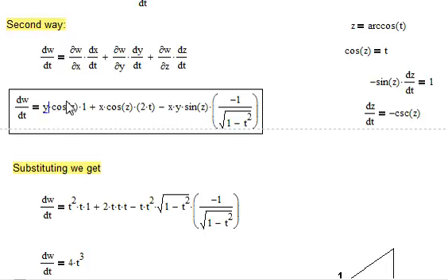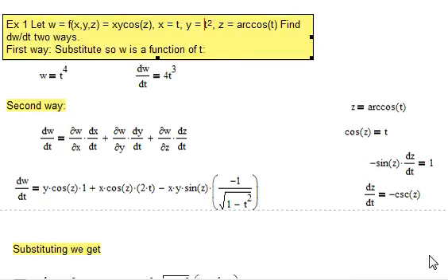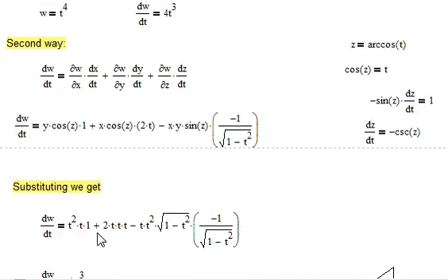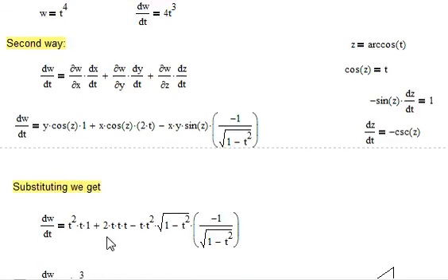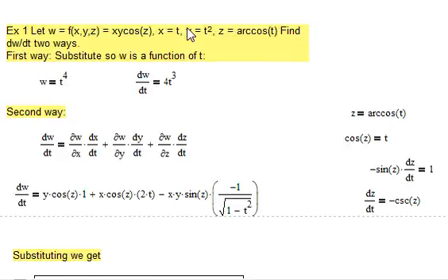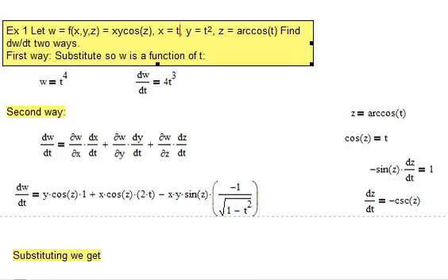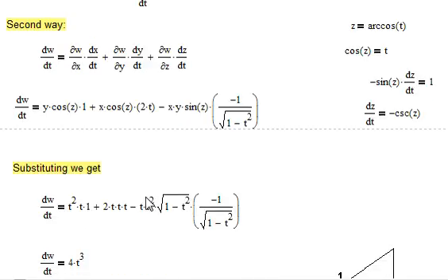Substituting, y was equal to t squared. Cosine of z would be the cosine of the angle whose cosine is t, well that's just t, and then times dx/dt, well that's just 1. Oh, I already went through that. Sorry, me being dumb.